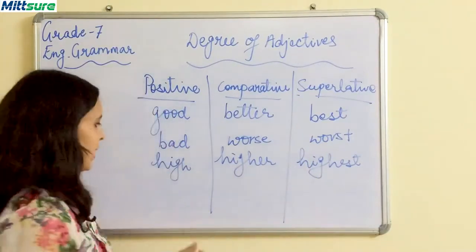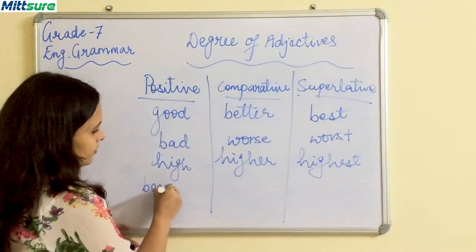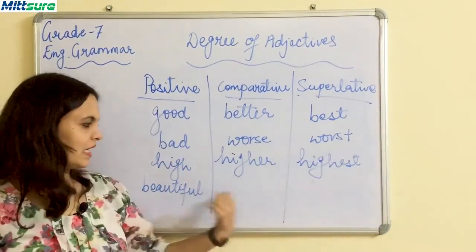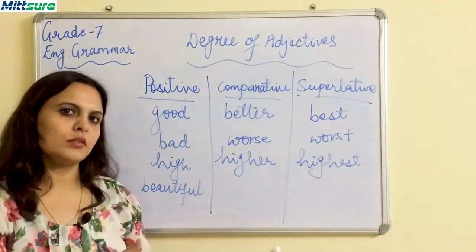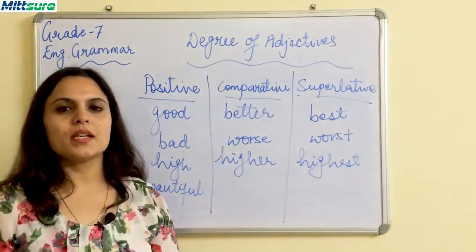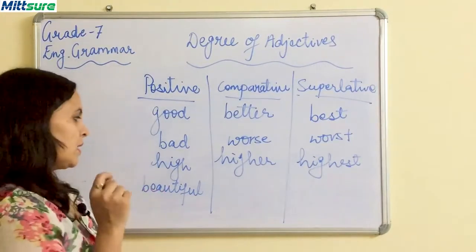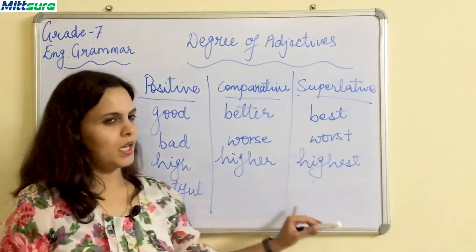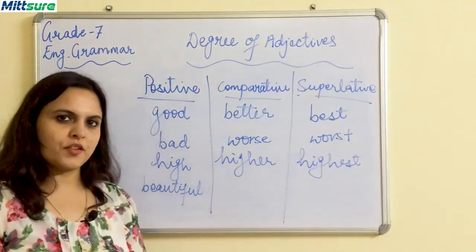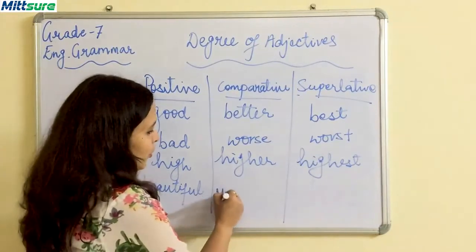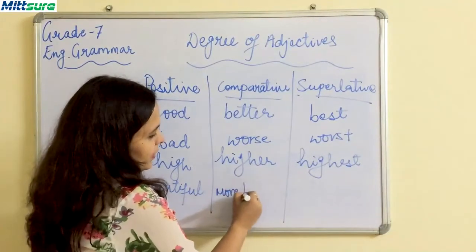But there are some descriptive words, the adjectives, where er and est are not added in the words. Like beautiful. Can we add er and make it beautifuler and then beautifulest? No, that will be an inappropriate conversion of the adjective into comparative or superlative degree. So how do we treat these words? We say more beautiful, right?